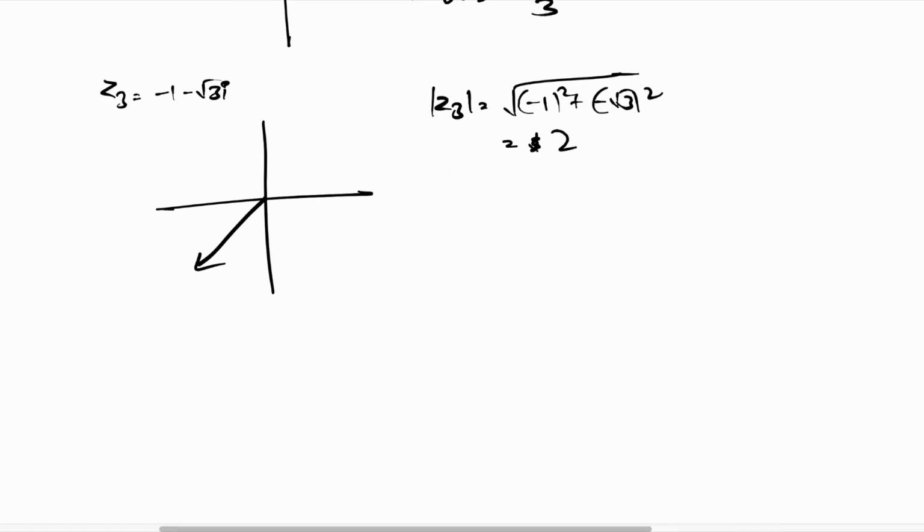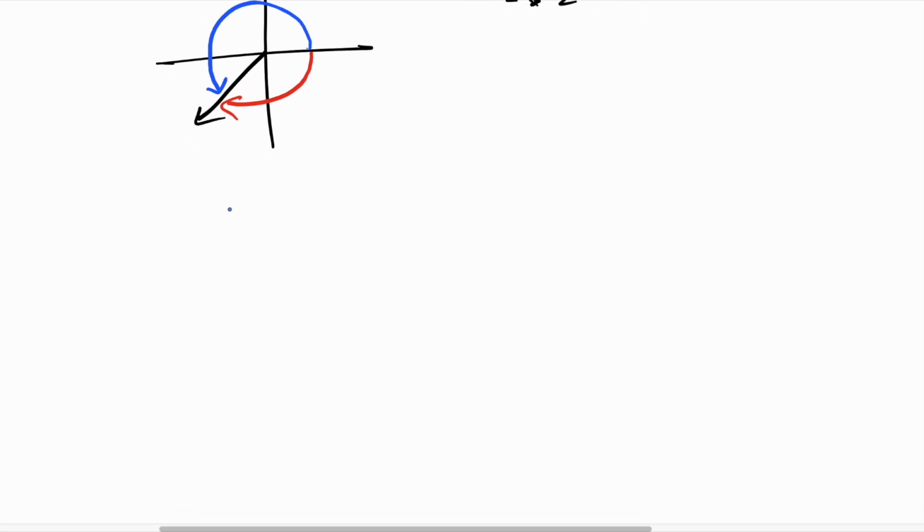What the calci is doing is, instead of considering the argument as an anti-clockwise angle from the positive real axis, the calci is considering the argument as an angle counted clockwise from the positive real axis, this way. The calci does this because it always gives you the argument in the principal domain or the principal range. The principal range for the argument is minus pi excluded till pi included.